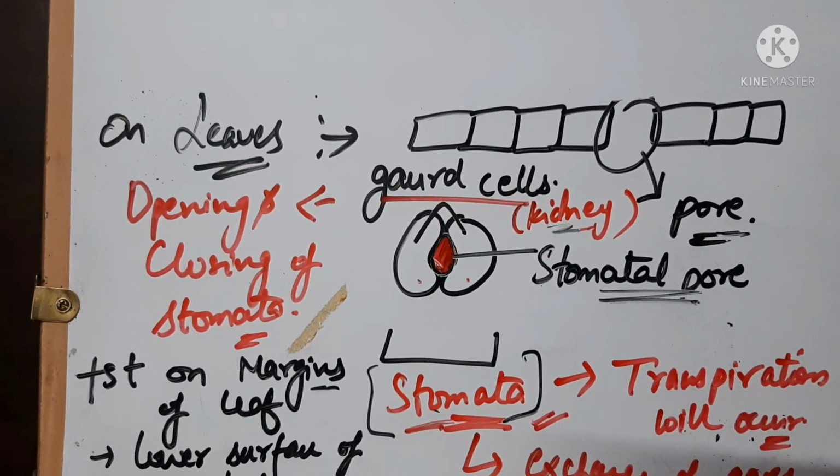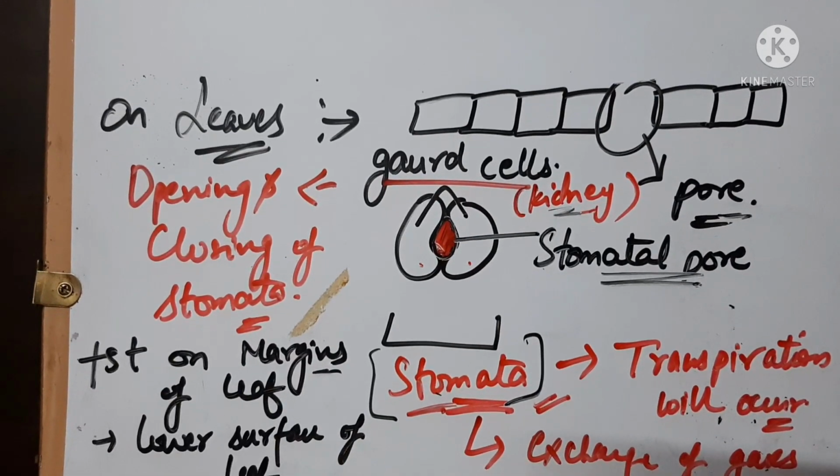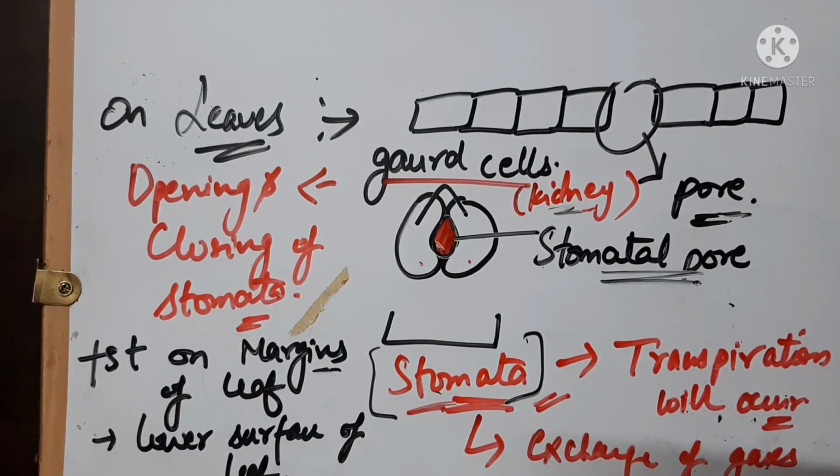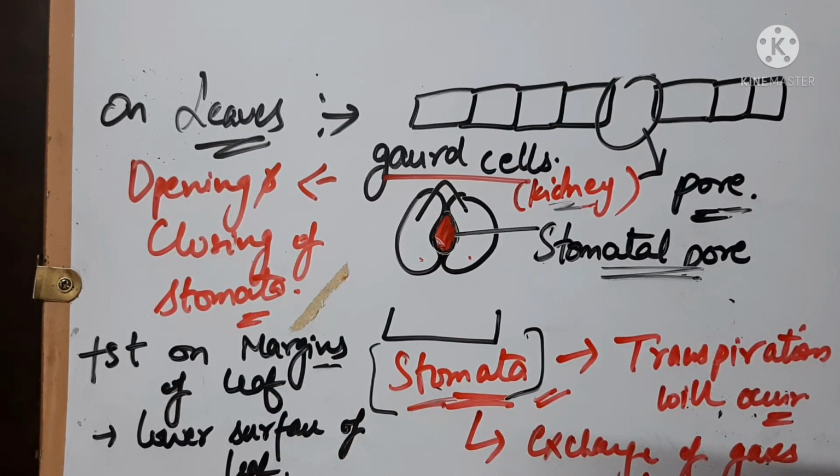Stomata helps in exchange of gases like carbon dioxide and oxygen, and it also helps in transpiration. Transpiration क्या है? Transpiration is the loss of water in the form of water vapors from the leaves.